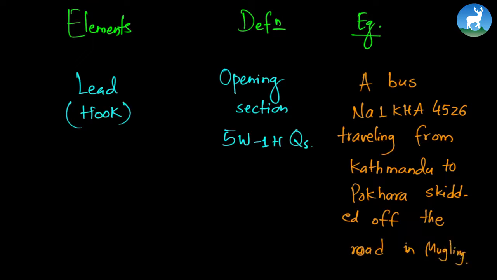Right, this could be one sample. It was raining, the visibility was low, stuff like that. You can write yourself, right? So this is called lead. It is called lead because it hooks you. So it should be catchy.